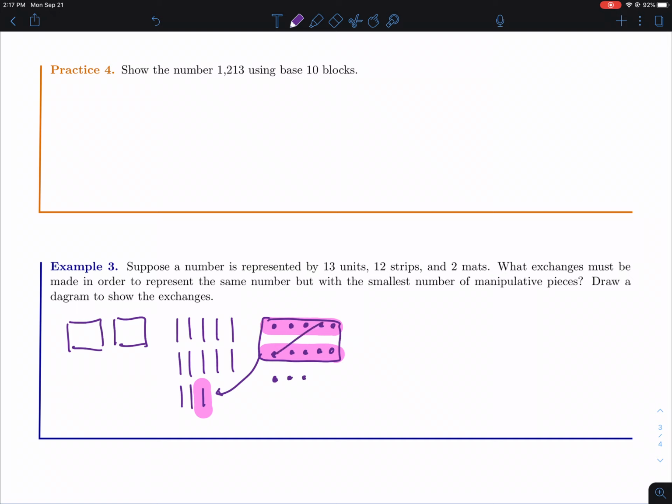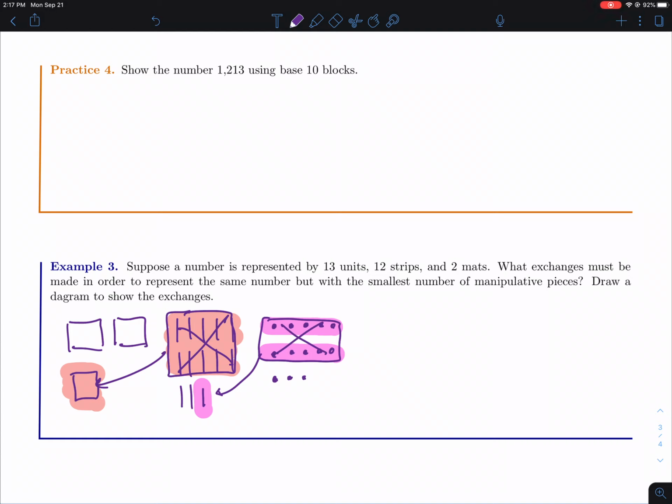Same thing above, I can take these 10 strips and turn them into a nice square over here. So I can cash these in, turn it into a square, and now those are gone. And now, just take a peek, make sure everything in each column is smaller than 10. And as long as it is, then we're good to go.